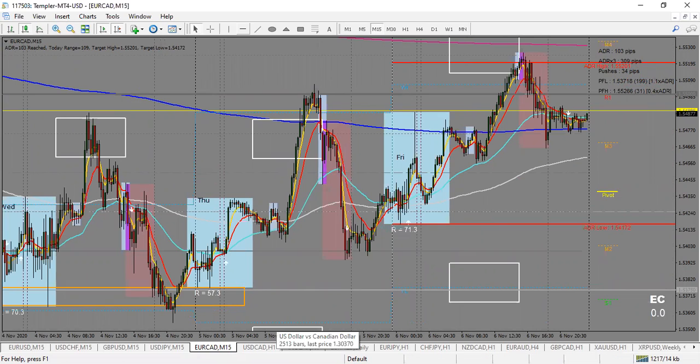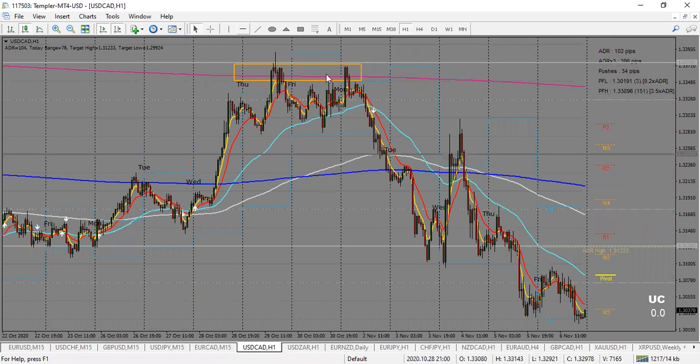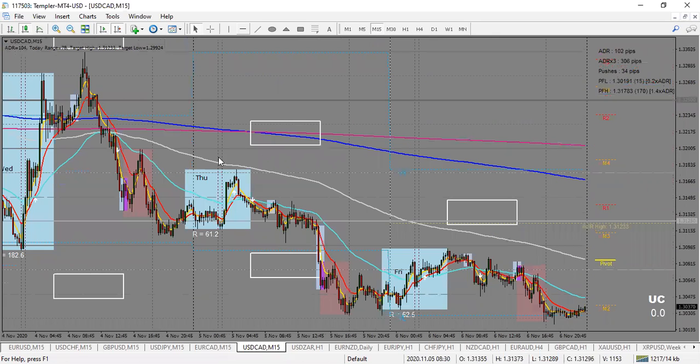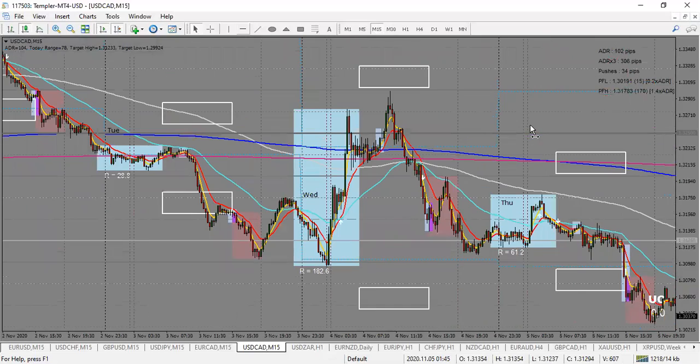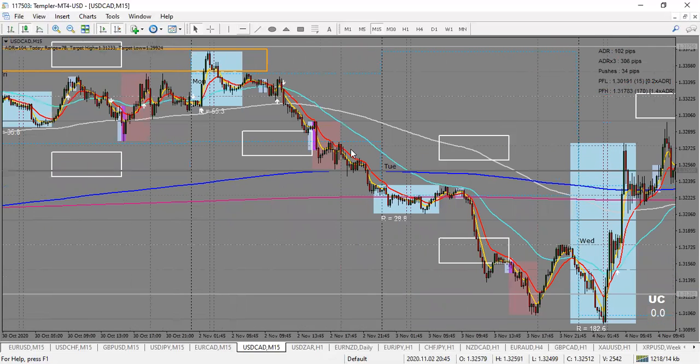USD card had a very good peak formation high, and on Monday we had a very good entry. Had a very good sell on Wednesday also. So let us look on Monday. We had an entry here.